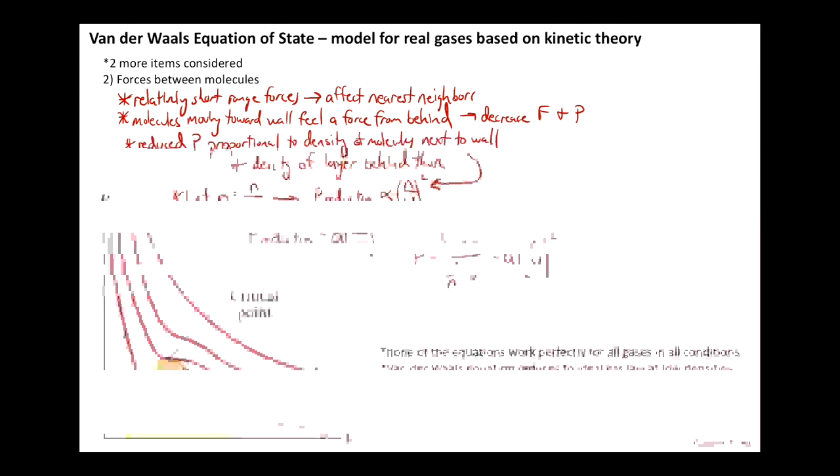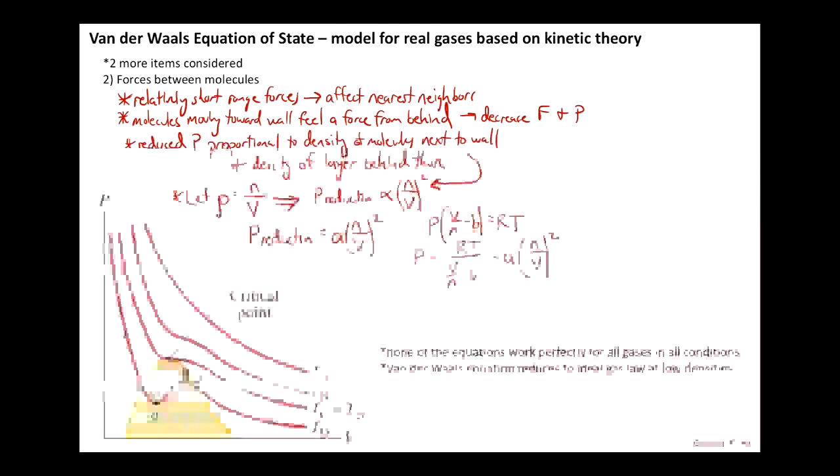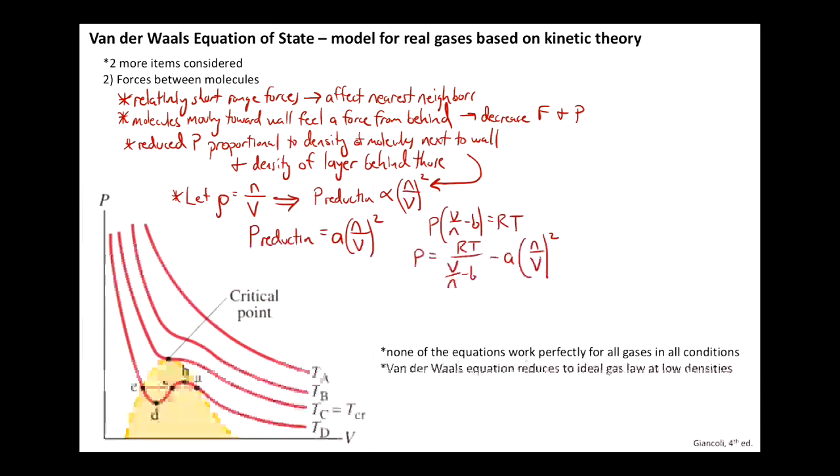A little bit of algebra gets this into the form that we normally see this written. I will let you do the couple of algebra steps that are required and just say that we can rewrite this as (P plus A over (V over N) squared) times (V over N minus B) equals RT.